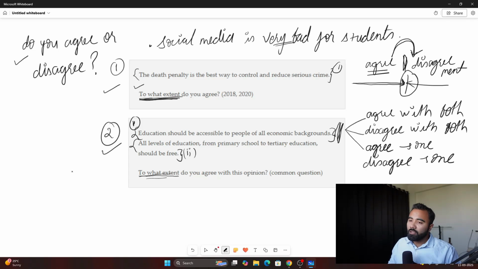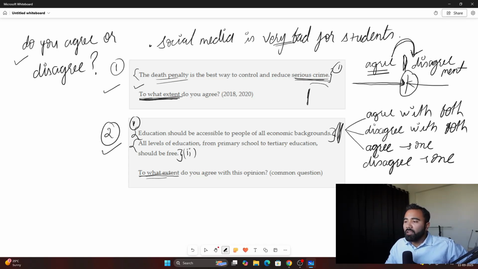So here I can say that yes, I agree that the death penalty is necessary for serious crimes. However, for all crimes, the death penalty is not necessary. So you see, I made the transition on my own. Only if it is a serious crime is the death penalty important.